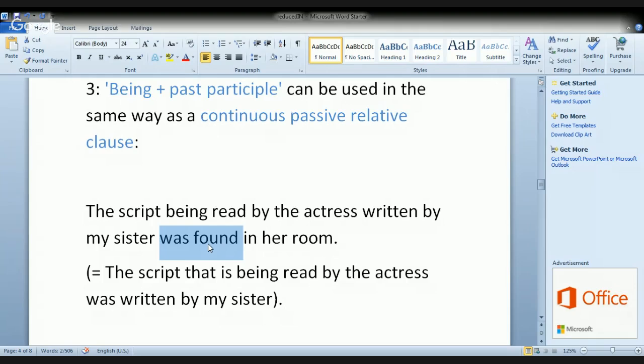And because we're using the connector and, we're continuing the same idea. Okay, so we're continuing the same tense as well. And that's exactly what's happening here. We have being read, the continuous passive. Written is the past simple. And then we have the past simple passive again, because it was written in one moment in the past, and it was also found at one moment in the past as well. When something happens one time, that's when we normally use the past simple tense. Okay.